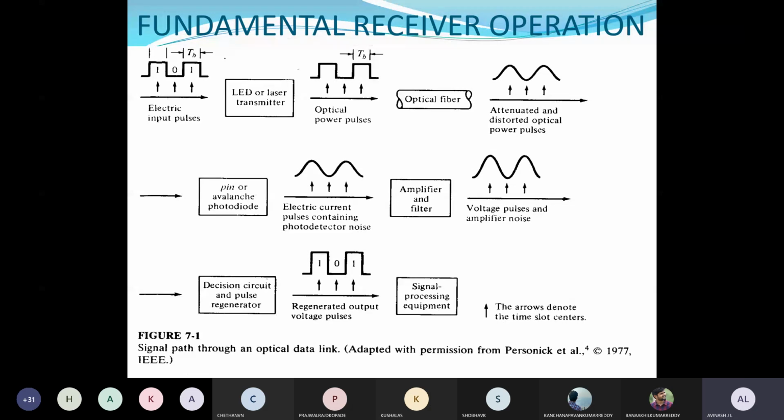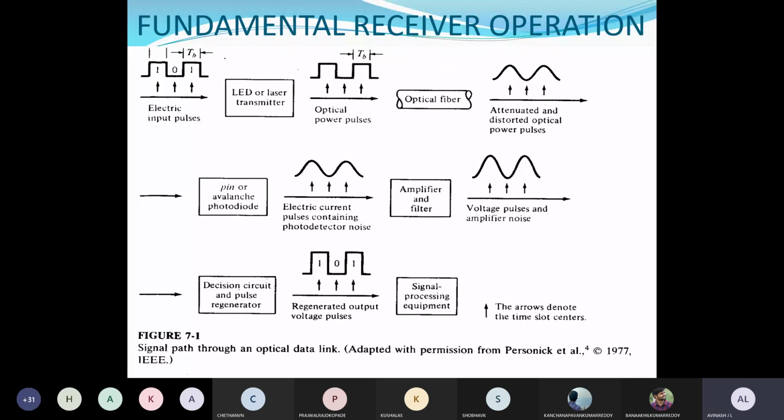Now that electric pulse is applied to the LED or laser transmitter. What happens? This electrical pulse will excite the electrons and make them emit photons. The amount of photons generated is proportional to how many electrical pulses have been applied.